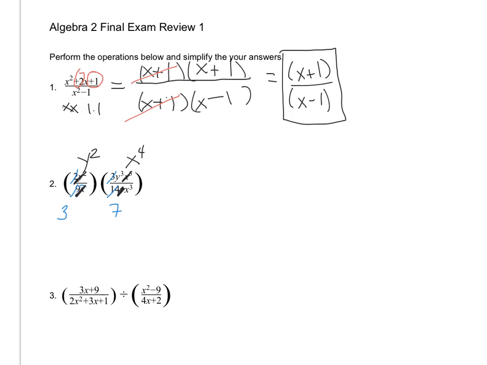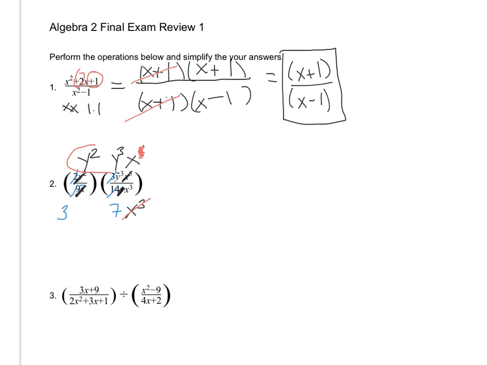Now let's see what I have left. I have y squared on top, I have this y cubed here, which I haven't touched, and I still have x cubed on the bottom. So I can now see, well look, I have x cubed and x to the 4th, so I can cross these out, and it'll just leave me with 1 x on the top.